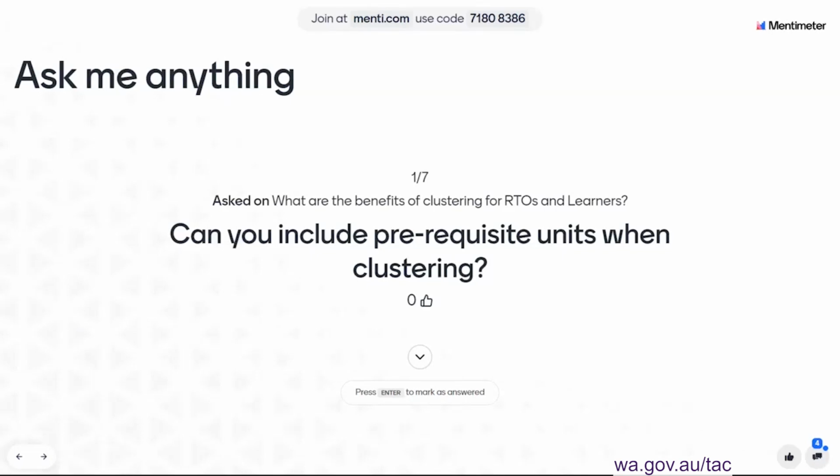One of the things you can consider, which we've already talked about a couple of times, is where you have a process of collecting evidence, then using it to make a judgment. You might find that in the relationship between those units, there's some evidence that can be shared, but the decision about competence for the prerequisite unit has to be made first.